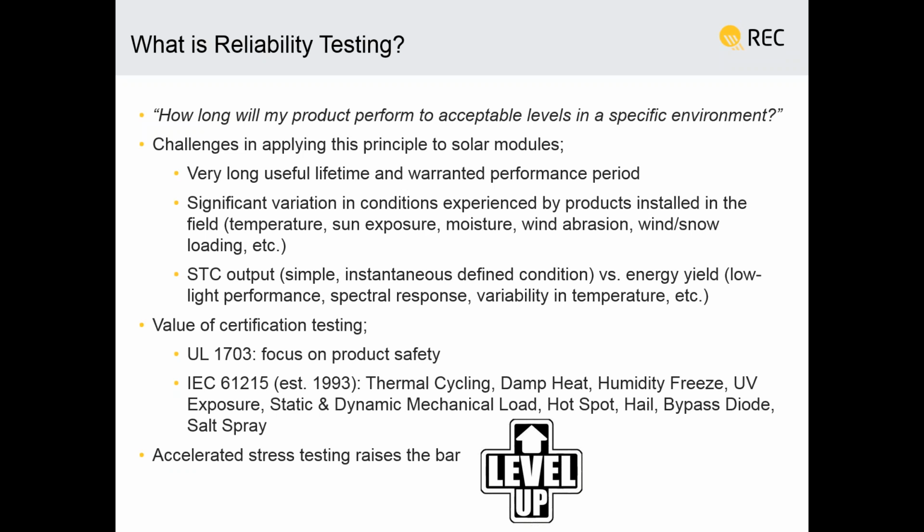But balancing that on the other side are some unique aspects to understanding what these things are going to do through a long lifetime of a product. It's hard to think of any other consumer good that is expected to operate at a very, very high level for 25 years. That's a warranted performance period. There's a general understanding that the useful lifetime of this product is actually quite a bit longer than that.